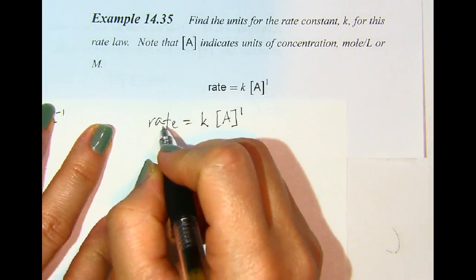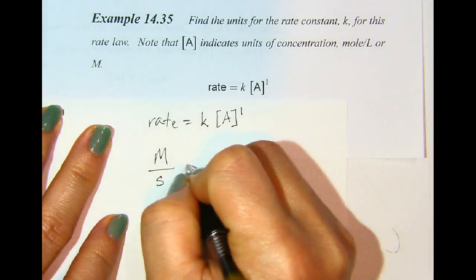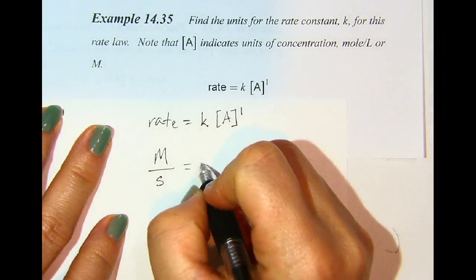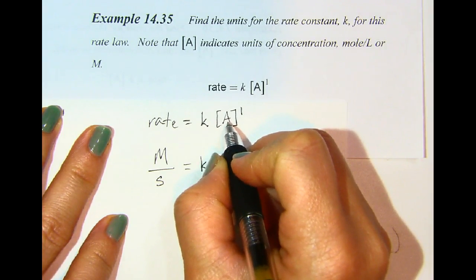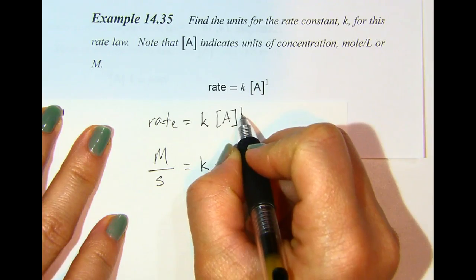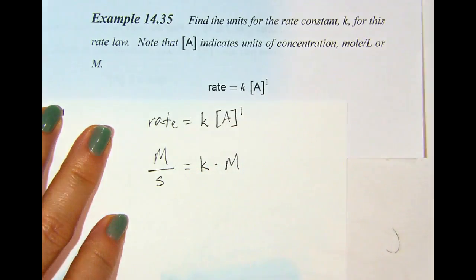Rate is always the same unit, molarity per second, equals K, which is what we don't know, times, in your brackets, it's always molarity raised to this power. So since we have molarity to the first power, it's going to be just molarity.